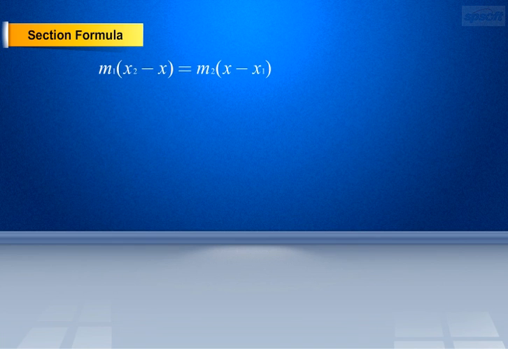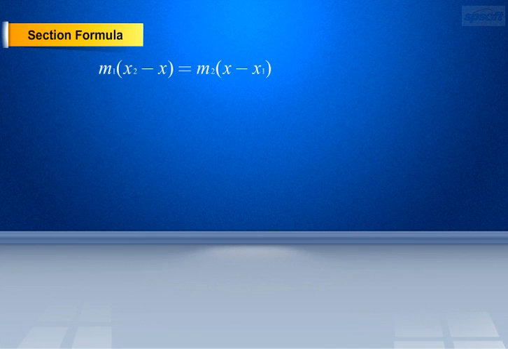Now taking m1x to the right side and m2x1 to the left side we get m1x2 plus m2x1 equals m2x plus m1x. Taking x as common on the right hand side we have m1x2 plus m2x1 equals x into (m2 plus m1). x equals (m1x2 plus m2x1) divided by (m1 plus m2).